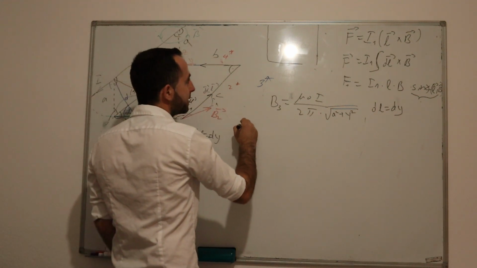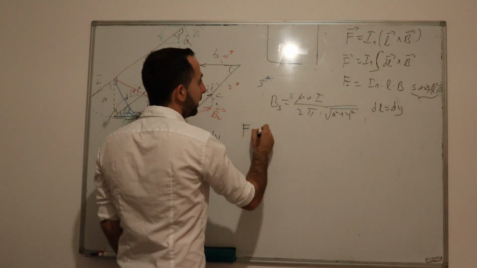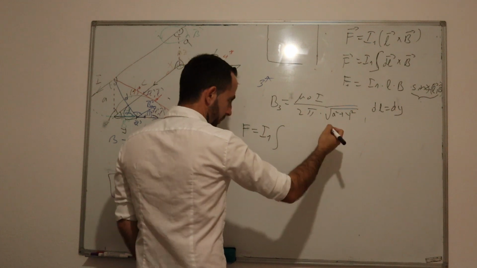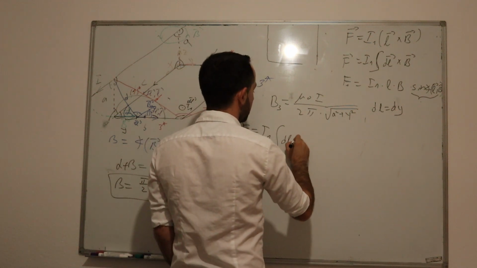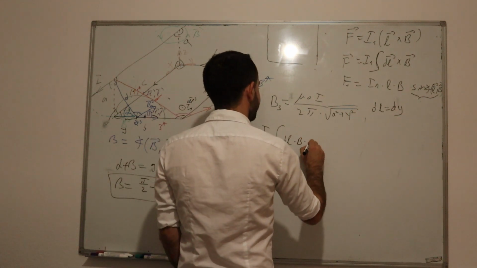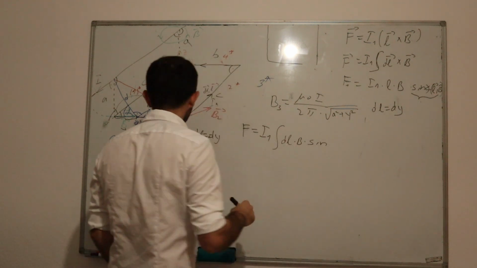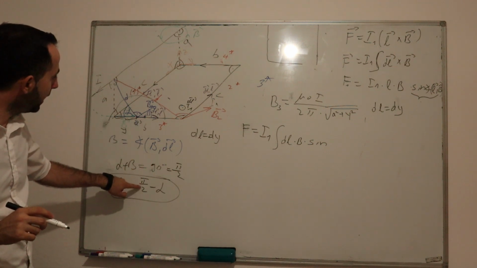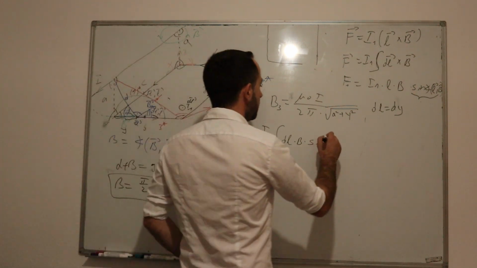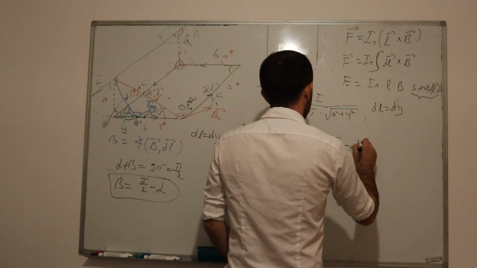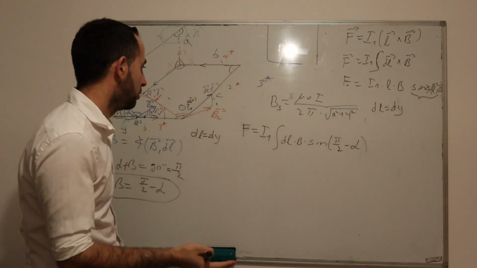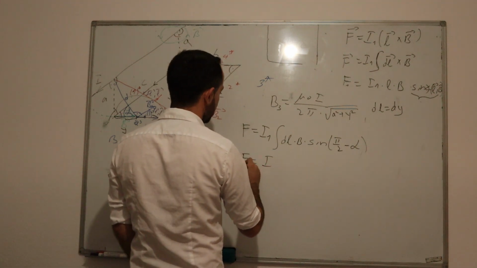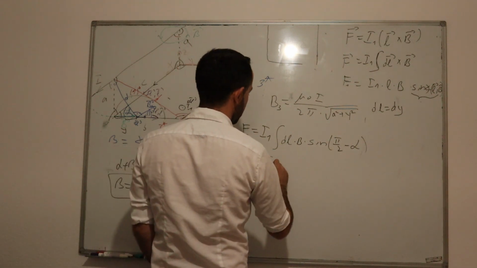So our force F would be I1 integral of dl times B times the sine of the angle between L and B, which is pi and a half minus alpha. I will just change the order a little. So this is F3.